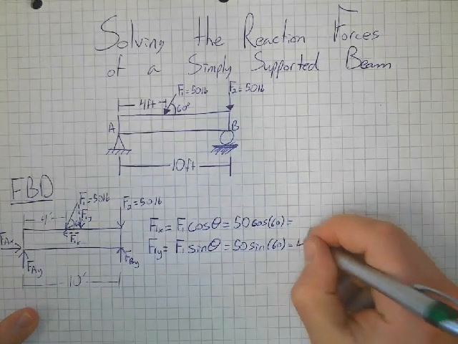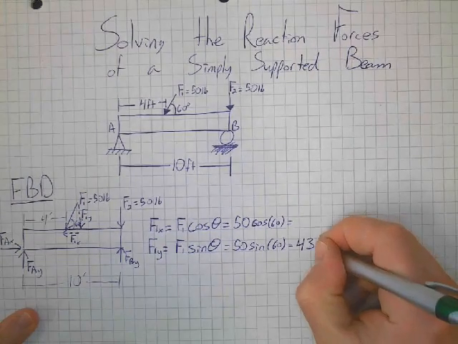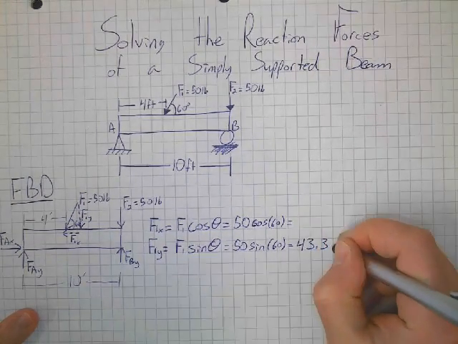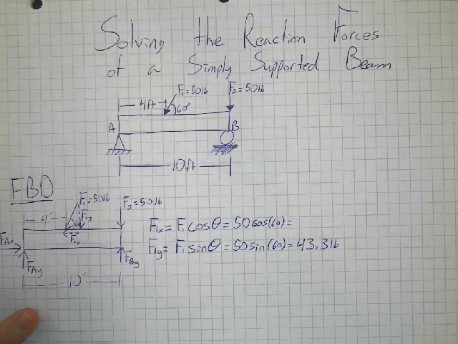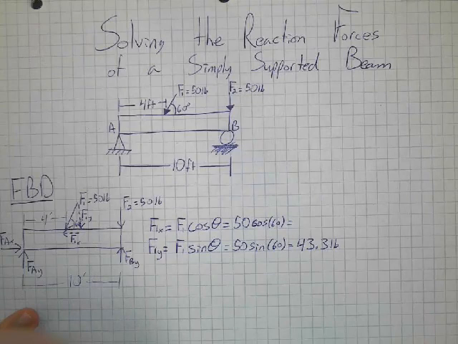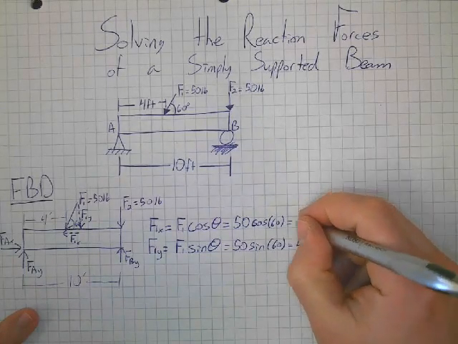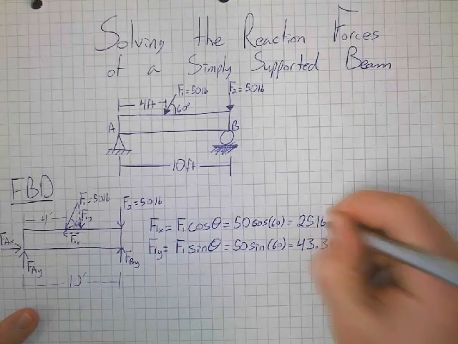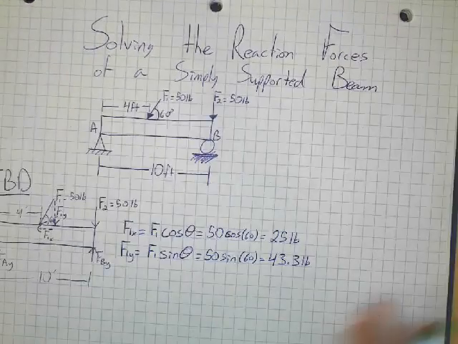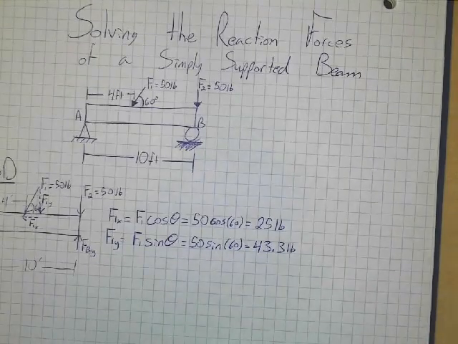I did sine first, so that one is 43.3 pounds. 50 cosine 60 is 25 pounds. Okay, so there's F1x, F1y.